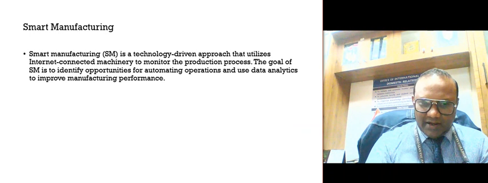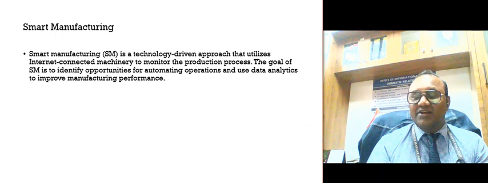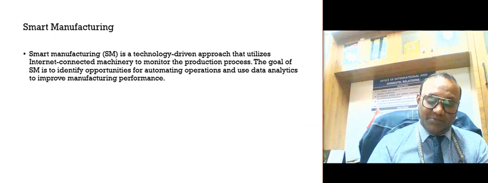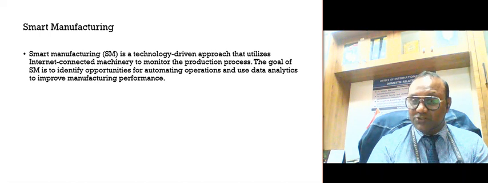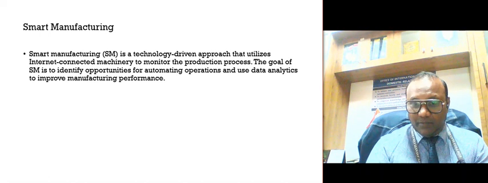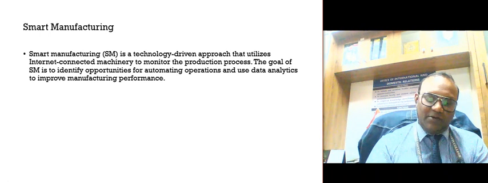So what is smart manufacturing? Smart manufacturing is a technology-driven approach that utilizes internet-connected machinery to monitor the production process. The goal of smart manufacturing is to identify opportunities for automating operations and use data analytics to improve manufacturing performance.